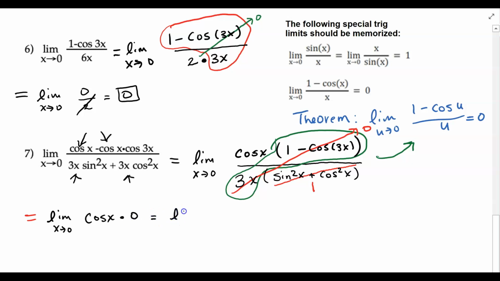But that's just the limit as x approaches 0 of 0, because 0 times anything is 0. And then the limit of the constant is the constant itself. So my final answer for this one, while it looked like a really big monstrous problem, is just 0.